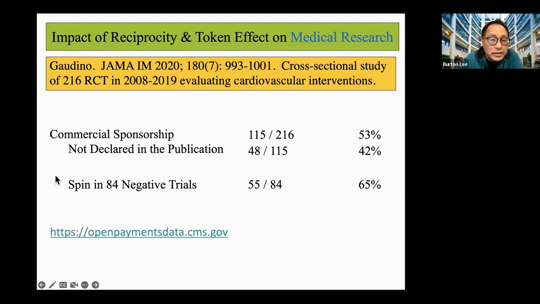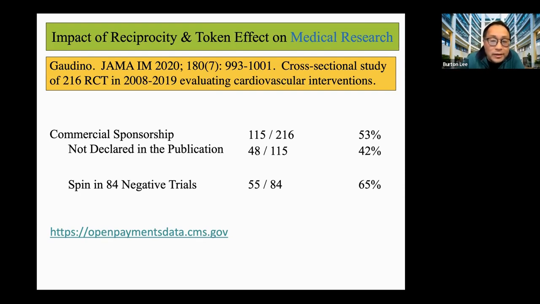So what I encourage my students and residents and fellows to do is, because not all of the conflicts of interest are actually declared, for any major paper that you really care a lot about, you should look up, unfortunately, at least the first two authors and the senior author, who is generally the last person.